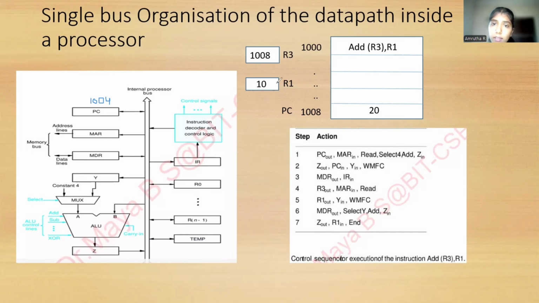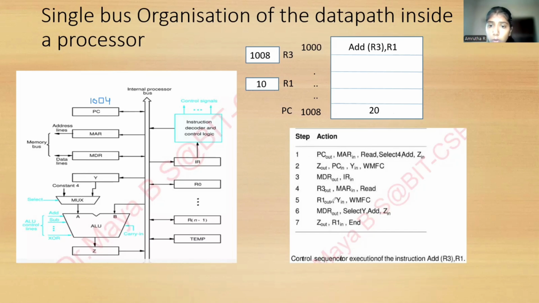Now R1 has value 10 and R3 out will happen. R3 will give the address as 1008. At address 1008, the value stored is 20, and this particular value is read and now 20 is stored in MDR.